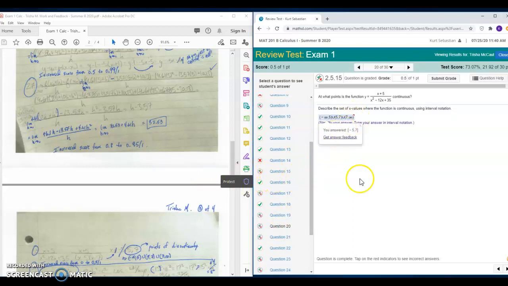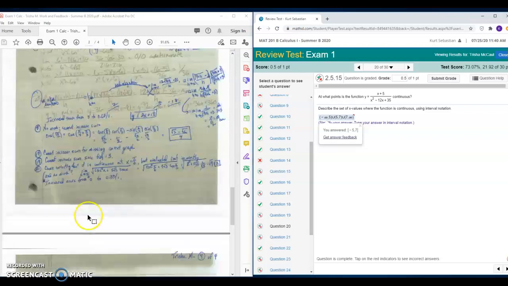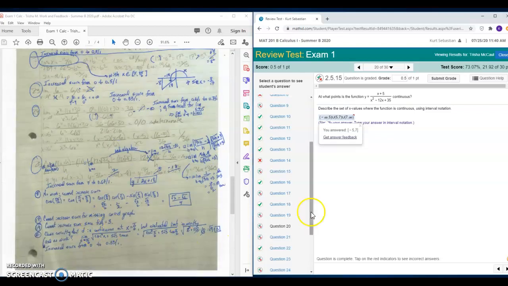Okay, so in 20, what happened was I didn't mark it on your sheet here, I guess. But when she put in this minus 5 to 7, I got an idea that she knew to factor the denominator. The denominator factors into x minus 5 times x minus 7. So really, that means that x can't be 5 or 7. Otherwise, the denominator becomes 0.